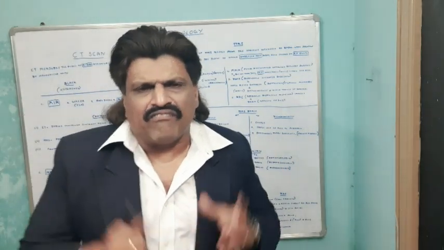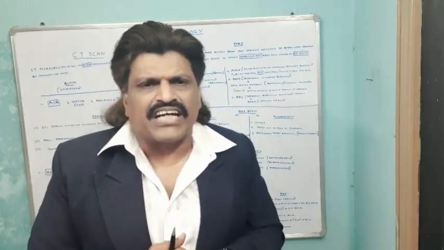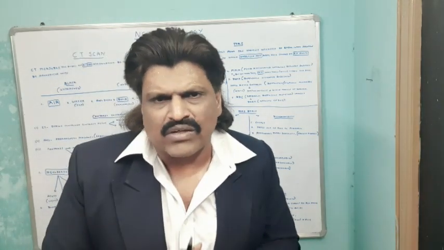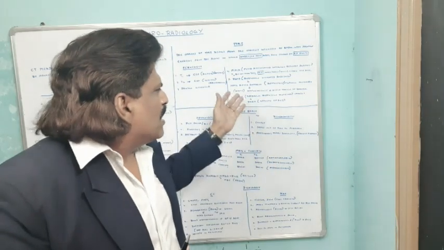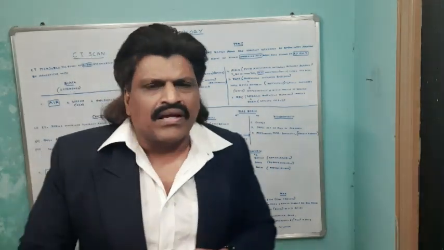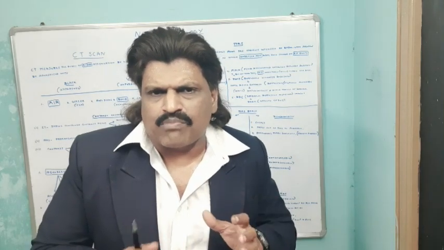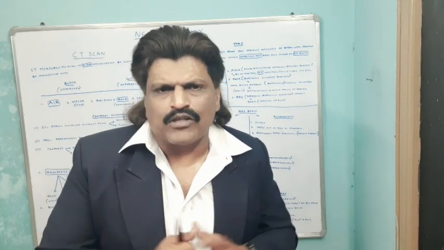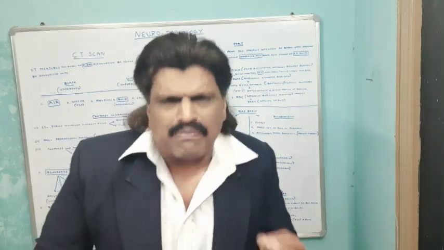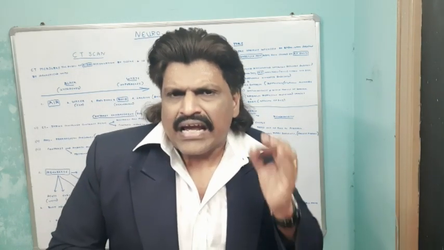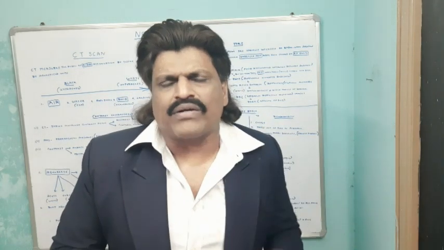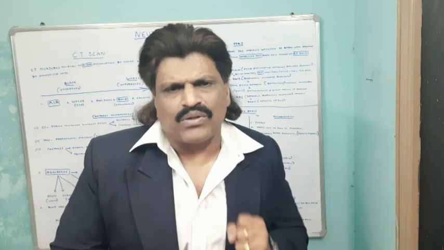A very interesting and very useful investigation is DWI, diffusion weighted imaging. This is based on the principle of diffusion-perfusion mismatch. Especially this is very useful in picking up hyperacute infarct.